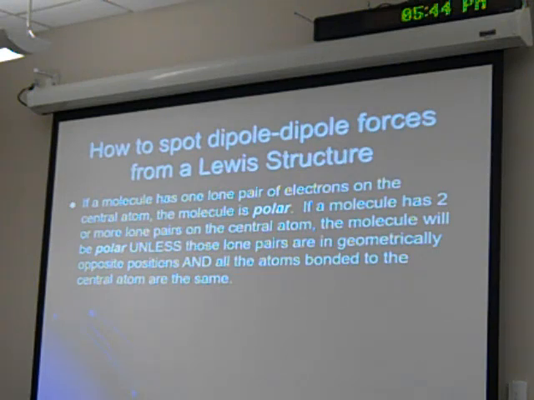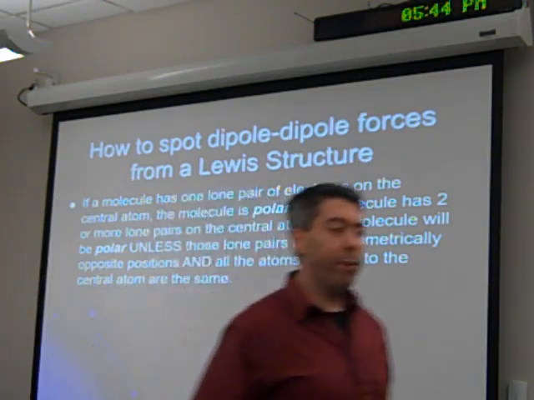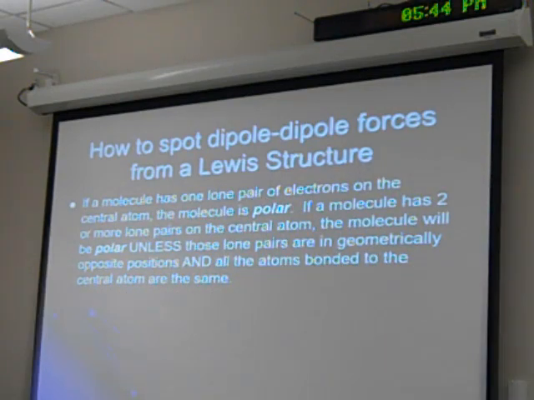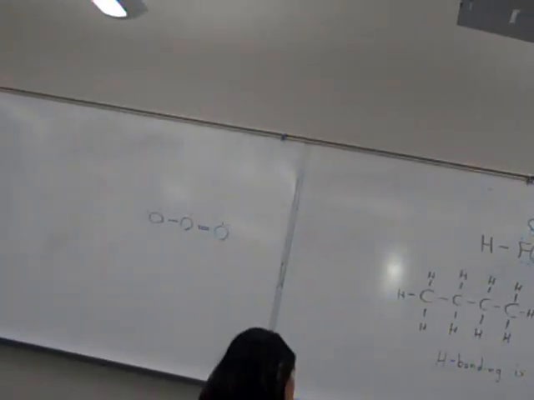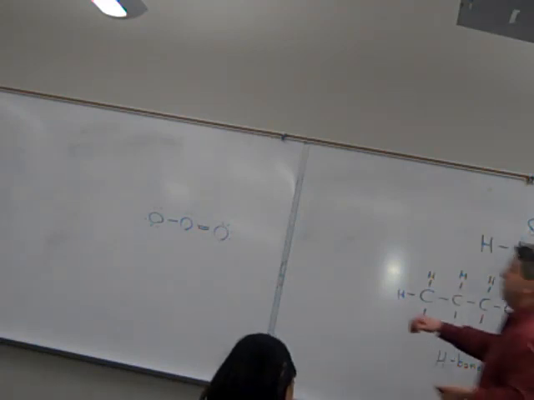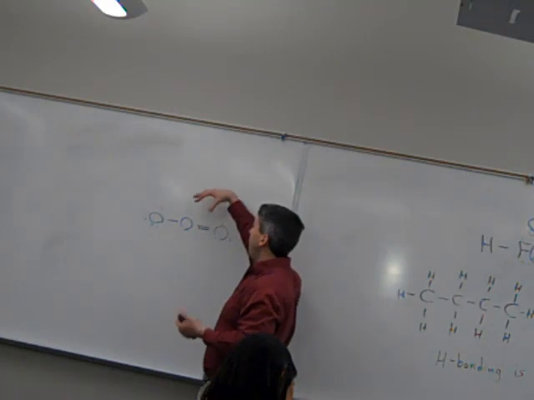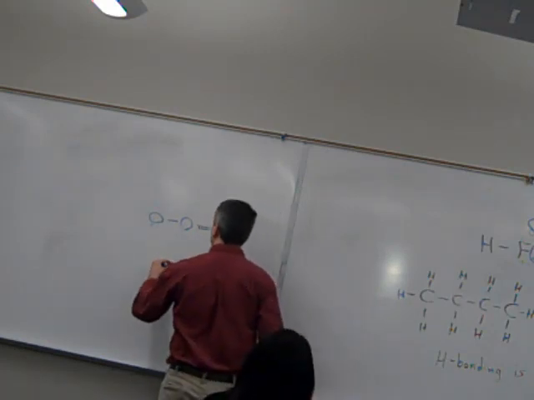now this is a little goofy because notice that all of these atoms are oxygen. This is ozone. All of these atoms are oxygen, so each one of them should have equal electronegativities. However, what you notice is that even though they have the same electronegativity, there's this lone pair on the central atom. And this actually ends up being a bent molecule.